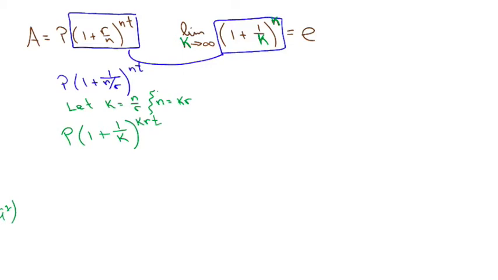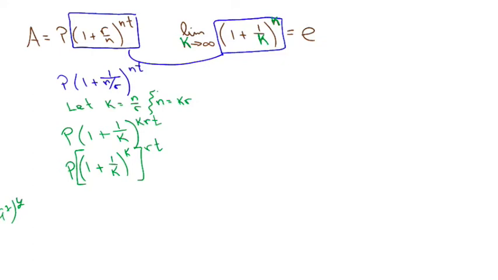Put the y on the outside. Power to a power, you multiply. So if they're multiplied together, that means you can rip them apart as power to a power. So I can write this as P parentheses 1 plus 1 over k raised to the k, and then take that whole chunk and raise it to the RT.